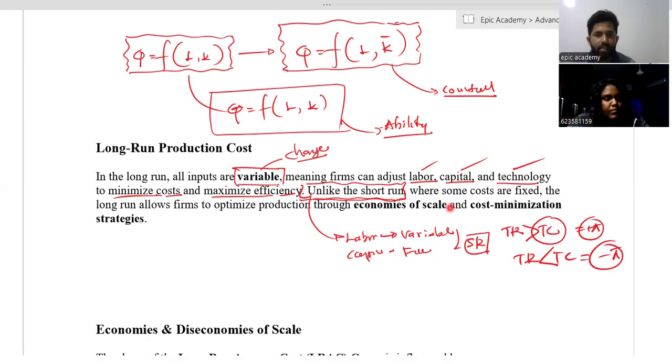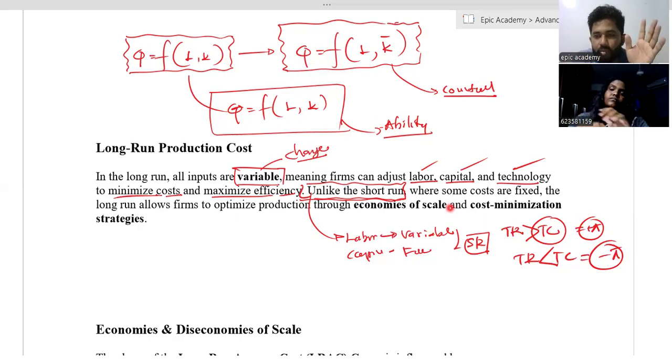So what is the meaning of economies of scale? I will describe that. Economies of scale and diseconomies of scale. But that theory is only related to the long-term period. Already we identified something like that during the short-term period. What is it? Diminishing marginal returns.